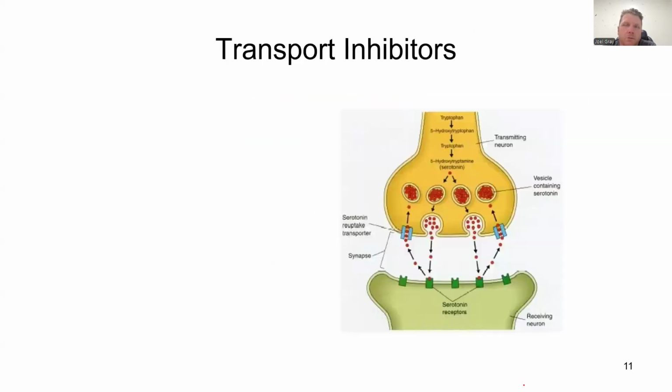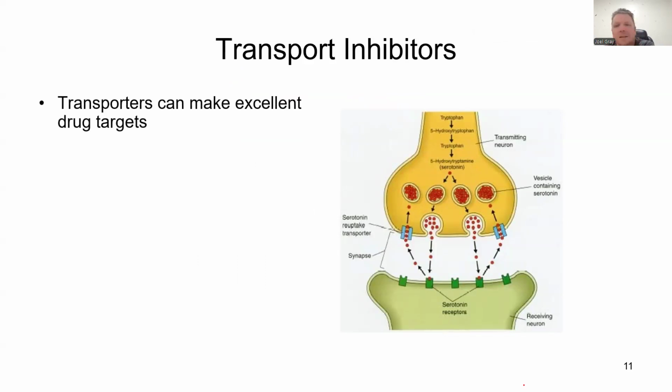Now, there are drugs that are transport inhibitors. Transporters can make excellent drug targets. One example is serotonin reuptake inhibitors. These are sometimes referred to as SSRIs, so selective serotonin reuptake inhibitors.